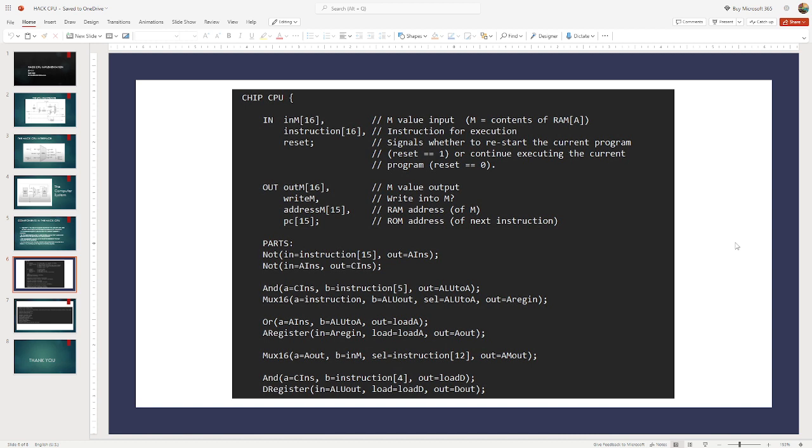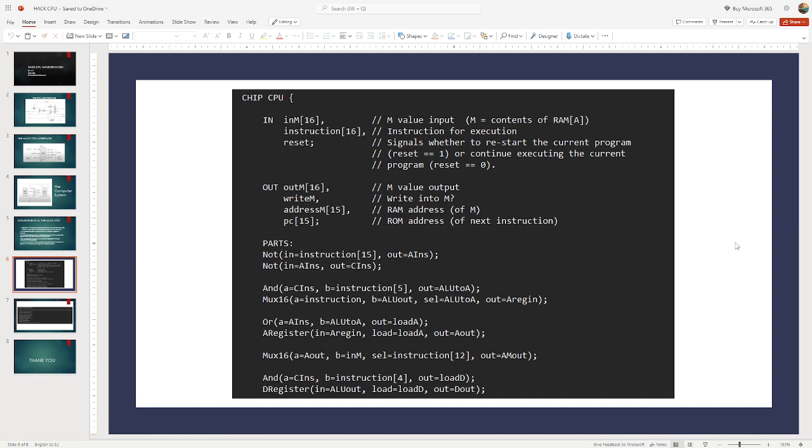The input pins of the CPU will consist of 16-bit inM, 16-bit instruction and reset. On the other hand, the output pins of the CPU will consist of 16-bit outM, writeM, 15-bit addressM and 15-bit PC. The inputs and outputs in the header section of the CPU correspond to the design.